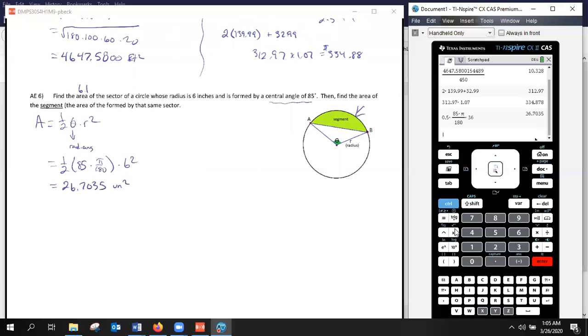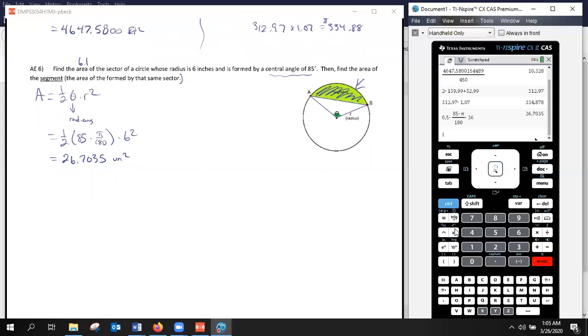Now, the second part is find the area of the segment. And what is a segment? If you notice by this drawing, the segment is going to be the entire area of the sector, but then we are going to subtract out the area of the triangle that gets formed here. So this is our area of our sector.